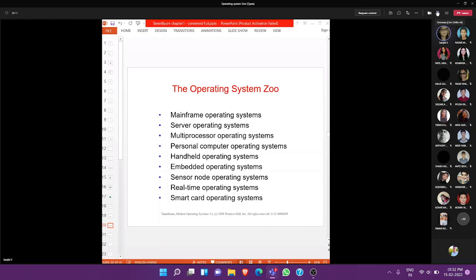Roll number 33 to 64, I will be conducting. Roll number 65 to 98, Archana ma'am will conduct PTM.